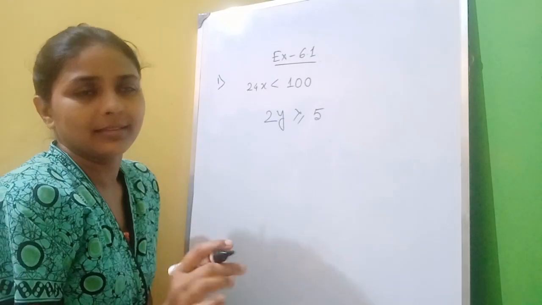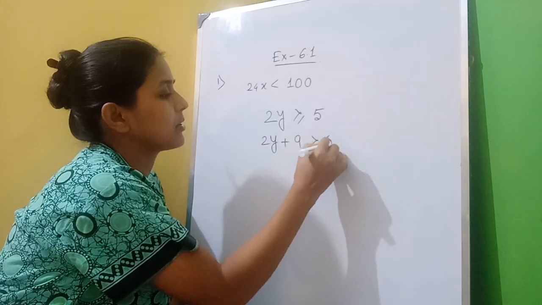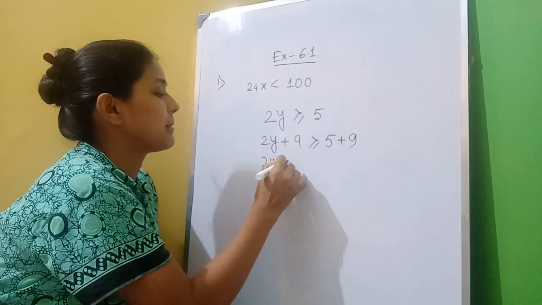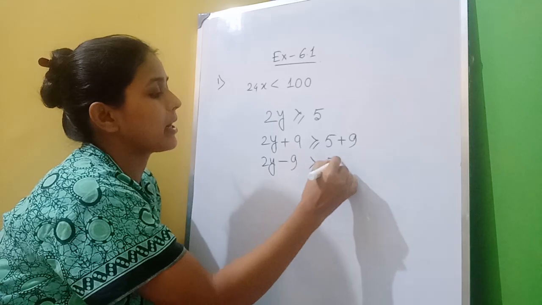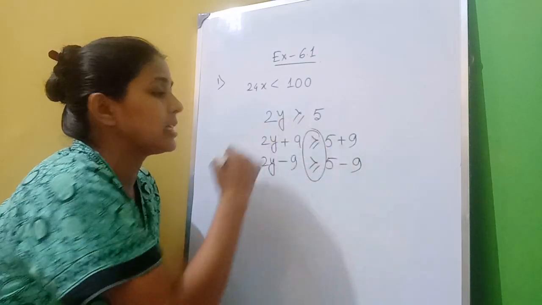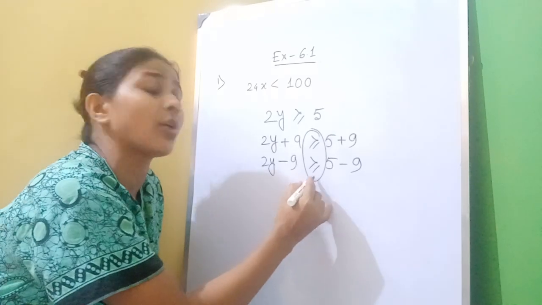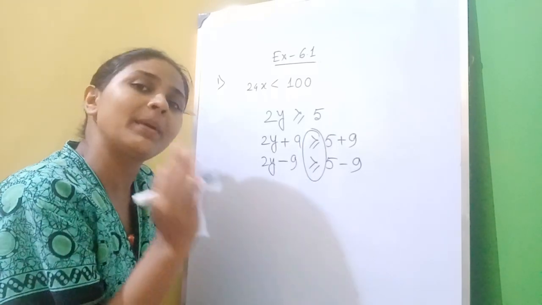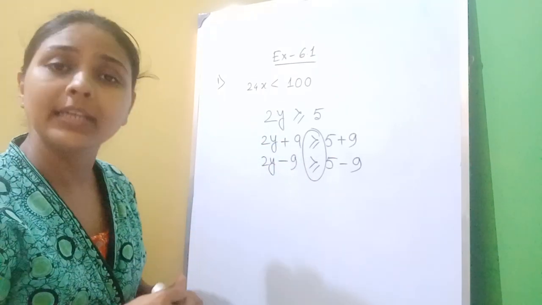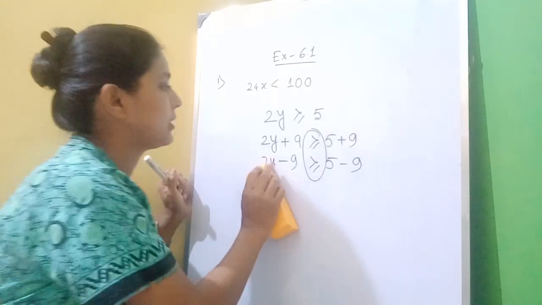You can add anything, like 2y plus 9 greater than or equal to 5 plus 9, or 2y minus 9 greater than or equal to 5 minus 9. But here these inequality signs will not be hampered. That means it will not be changed. It will be unchanged for adding or subtracting any number from both sides. Okay, this is the first rule, rule number 1.